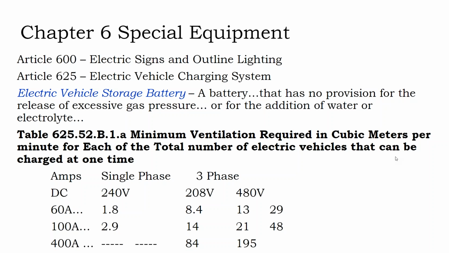and they're defining electric vehicle storage batteries effectively as sealed batteries. And so they have room ventilation requirements for electric vehicle charging stations. And that's pretty interesting, I think, because an electric vehicle has about 100 kilowatt hours of storage capacity, a Tesla on the low end.